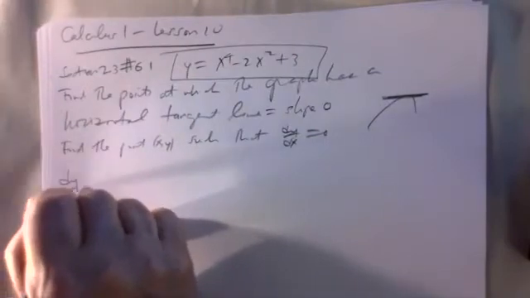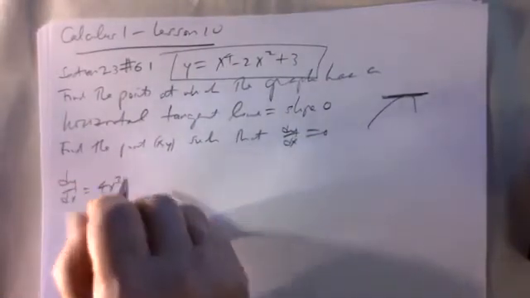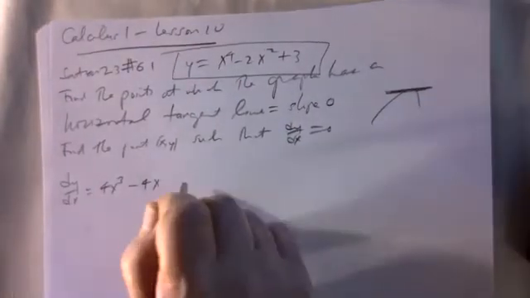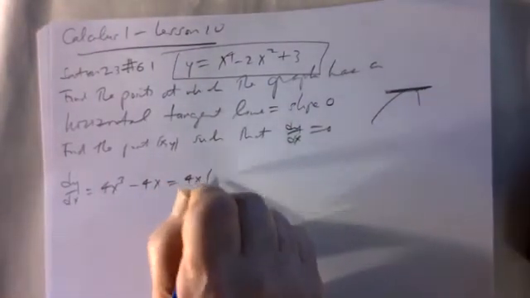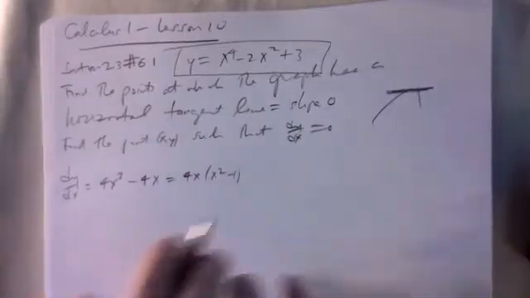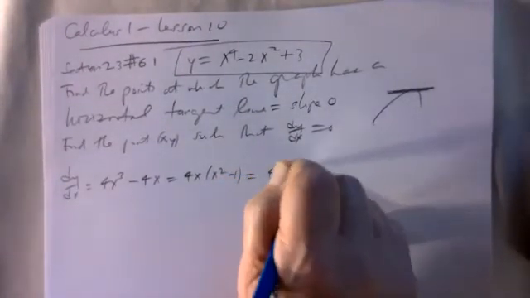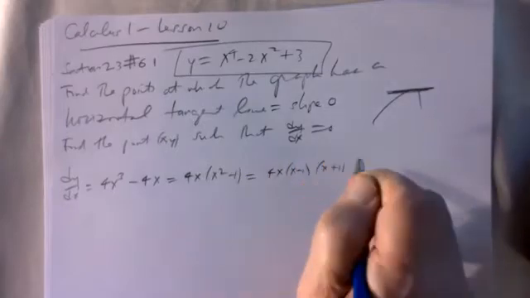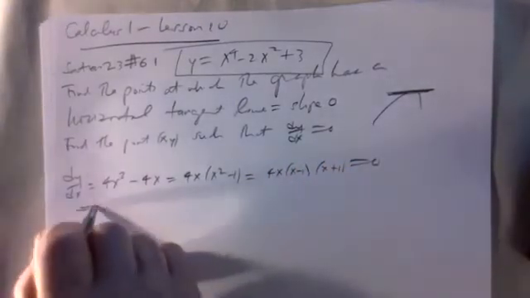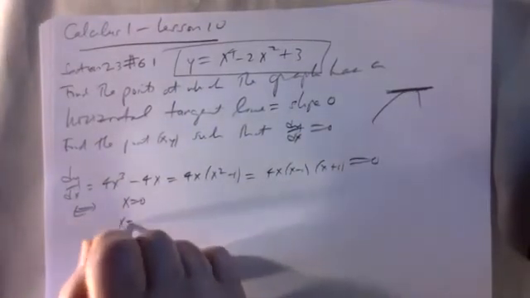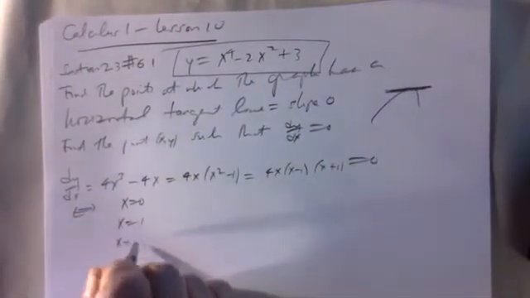So for this polynomial, dy/dx is 4x cubed minus 4x, which is 4x times x squared minus 1, which is 4x times x minus 1 times x plus 1. And this equals 0 precisely when x equals 0, x equals 1, or x equals minus 1.